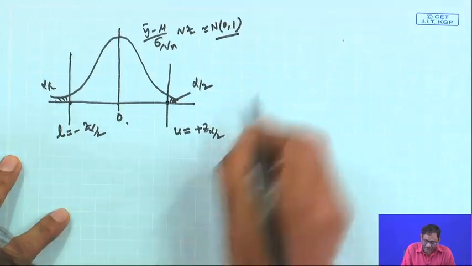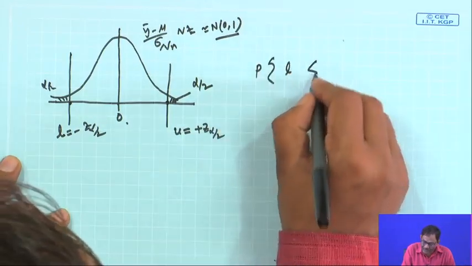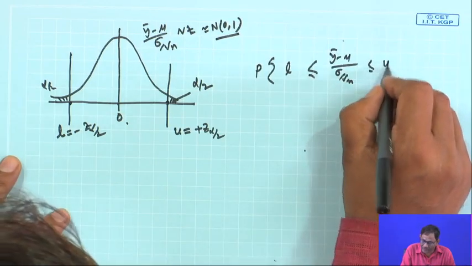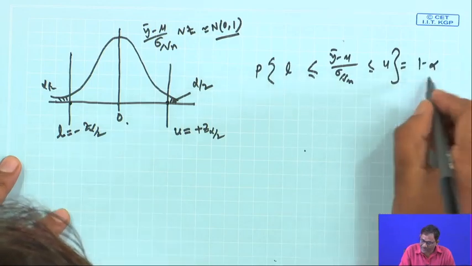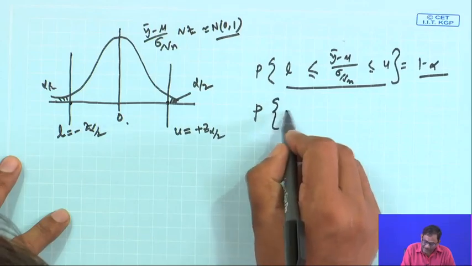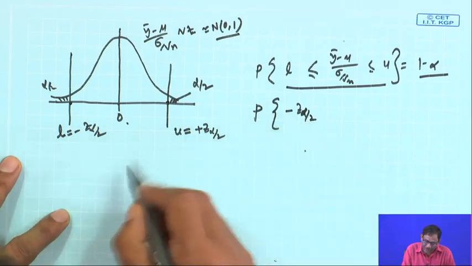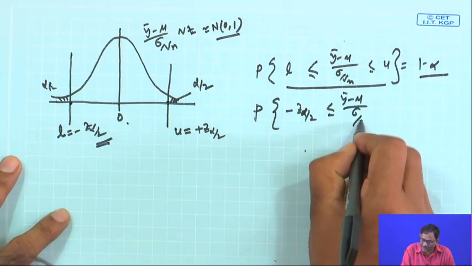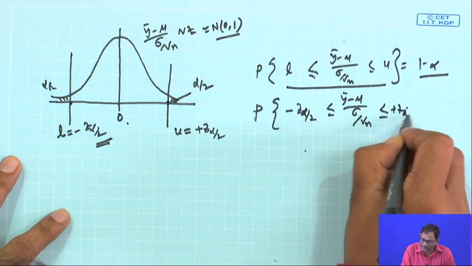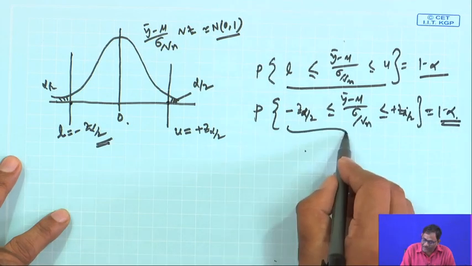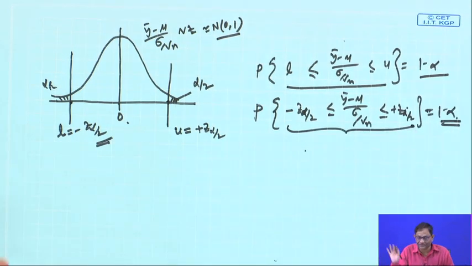So, accordingly we have created the probability: L less than or equal to y bar minus mu by sigma by root n less than or equal to U, equals 1 minus alpha. For the z distribution, L and U are replaced by minus z alpha by 2 less than or equal to y bar minus mu by sigma by root n less than or equal to plus z alpha by 2, equals 1 minus alpha, and our confidence interval is this. This we have computed, and you get the interval for mu.